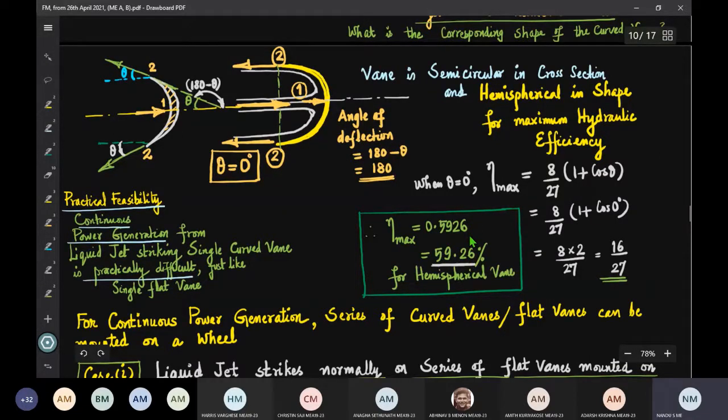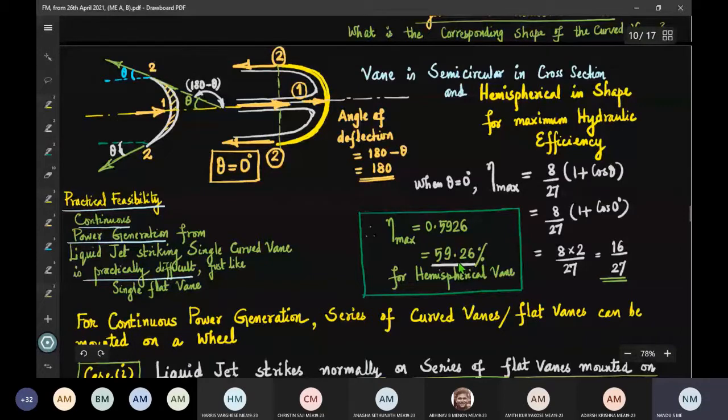In the case of the flat moving vane, we got 8 by 27, that is 0.2963. If you convert this into percentage, you will get 59.26 percentage in this case of maximum hydraulic efficiency. When you use a hemispherical vane, you will get 59.26, whereas if you use a flat moving vane, you will get only 29.63, less than 30%.